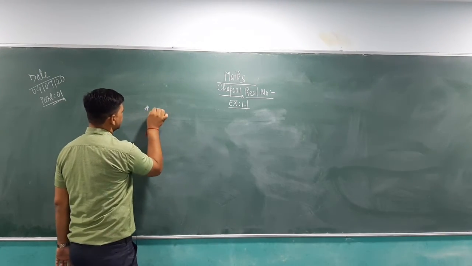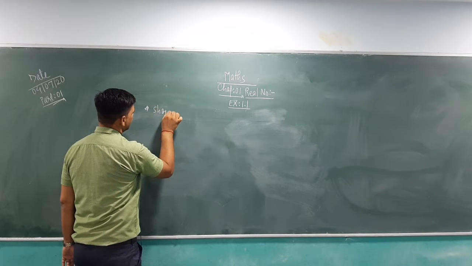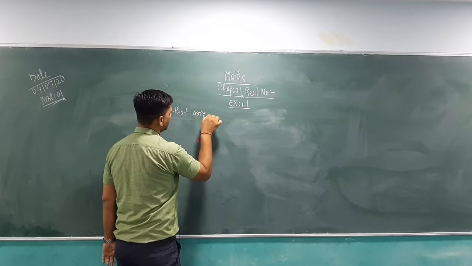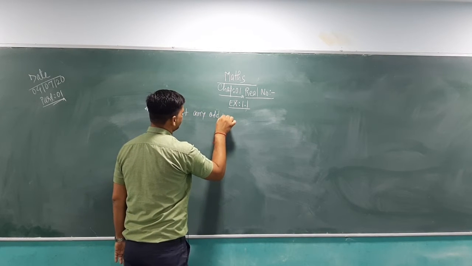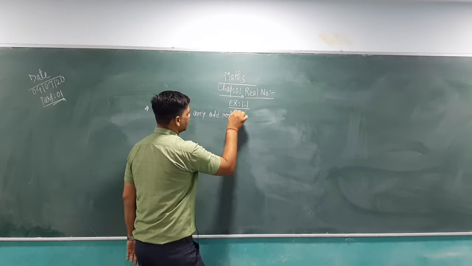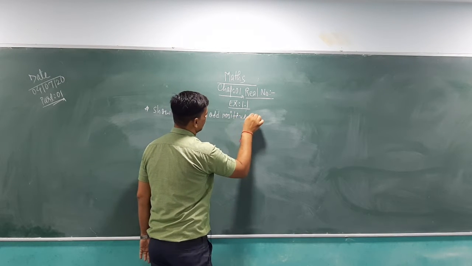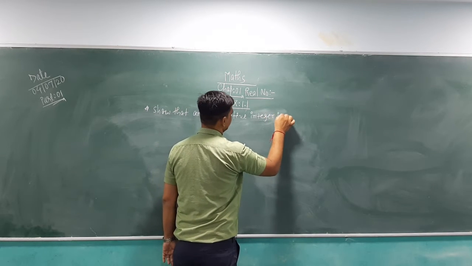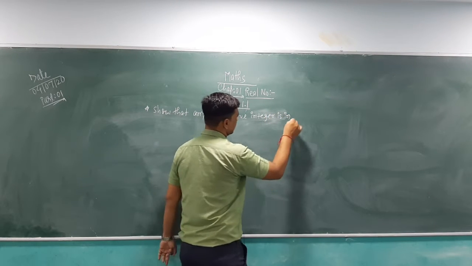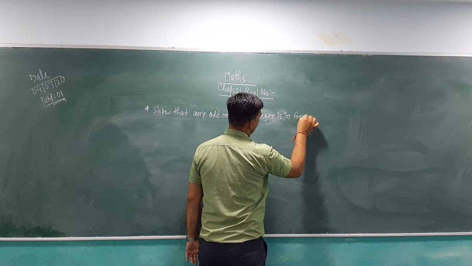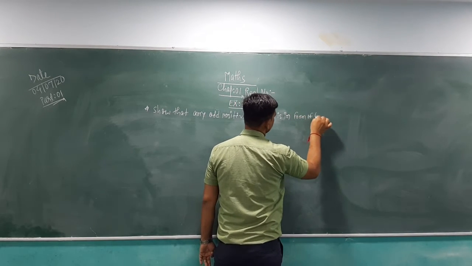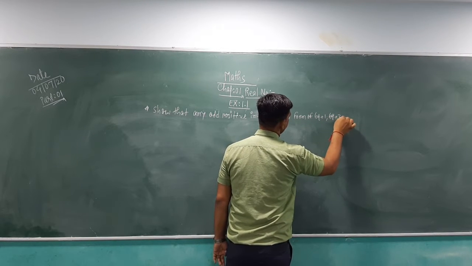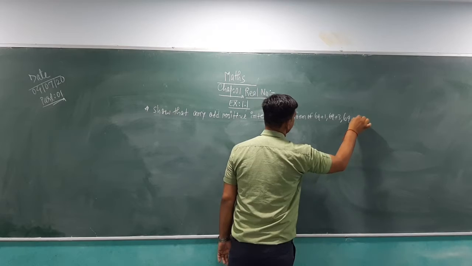So how can it be proved? One question is: show that any odd positive integer is in the form of 6q plus 1, 6q plus 3, or 6q plus 5.